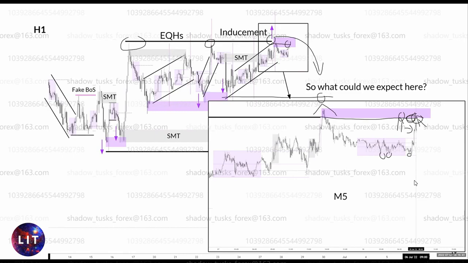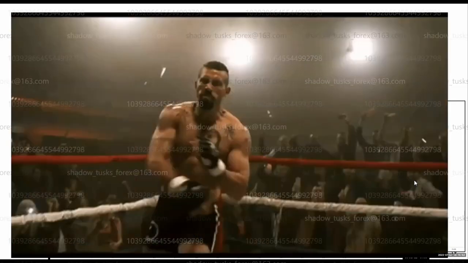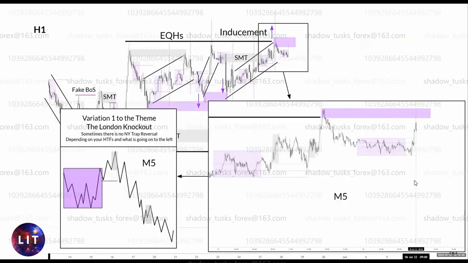So what can this turn into? Let me give you a hint. Whoosh. What is this? Not only Boyka knocking us out, but it's also a London knockout, right?